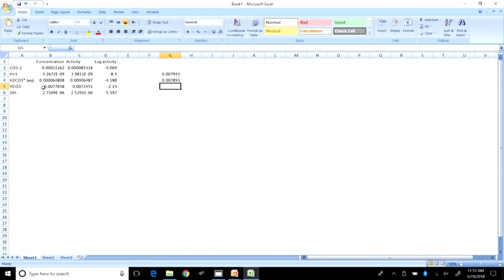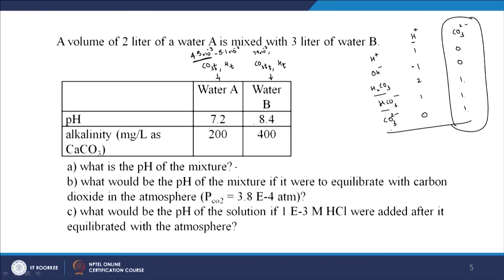So, enter please, and again it is relatively similar value, 7.9 into 10 power minus 3. So, let us just check if we have the right calculation here. So, we said H plus and minus OH minus, that we are done with, 2 times H2CO3, and B5 is HCO3 minus. Yes, so we are on the right track. Enter please, and we are going to approximate it by 7.9 into 10 power minus 3, right. And where do we have this? Same H total is again 7.9 into 10 power minus 3, right.